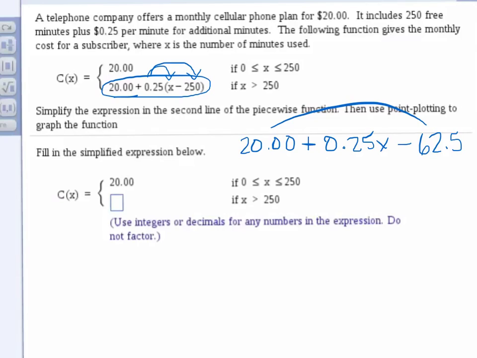So what you end up with is 0.25x minus, and since those both have different signs, we've got a negative 62.5 and a positive 20.00. Then we're going to subtract and keep the sign of the larger one. That's why it's minus 42.5. And that's what you're going to plug in right there.